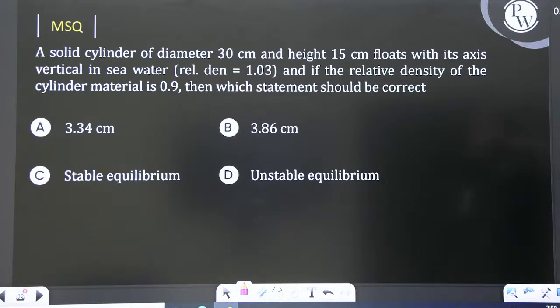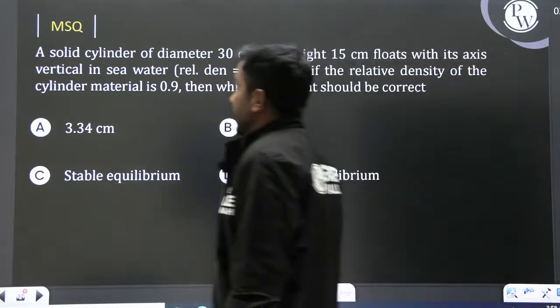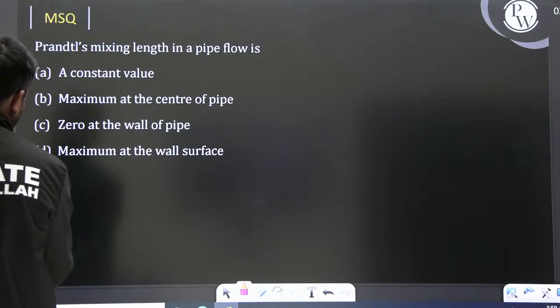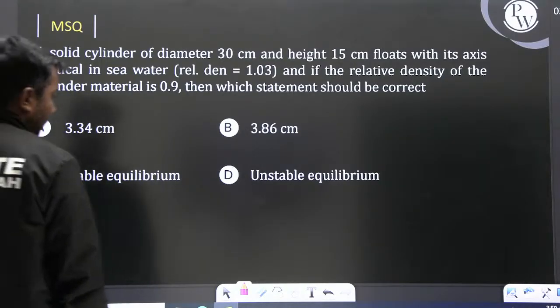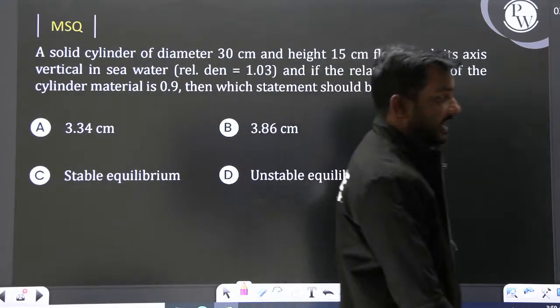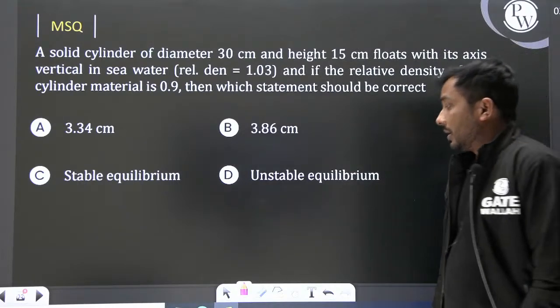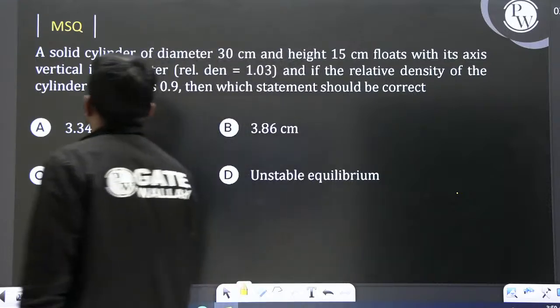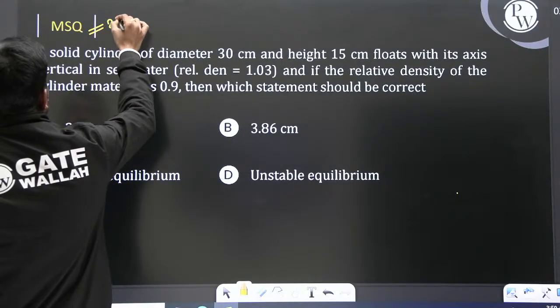What they are saying. After this, MSQ, there is one more question from turbulent flow. One question from turbulent. So I have tried to cover each and every topic. Okay, so what they are saying in this question, and that question is 2 marks.